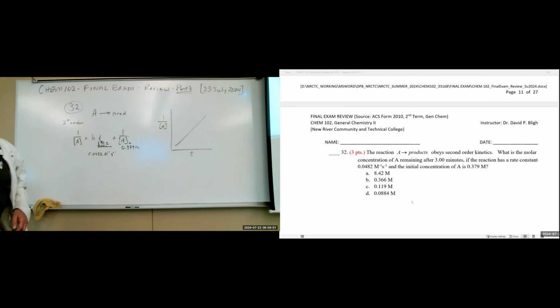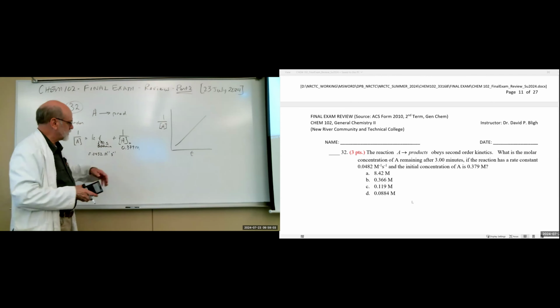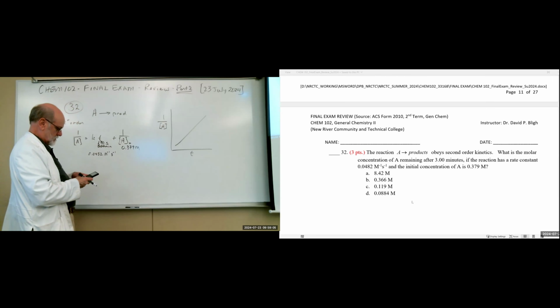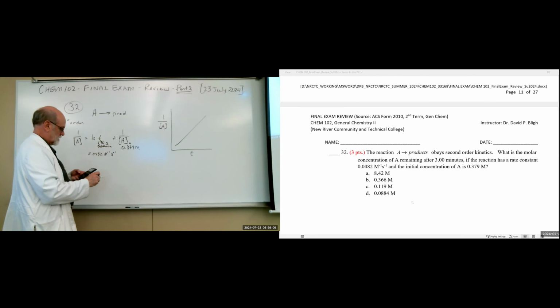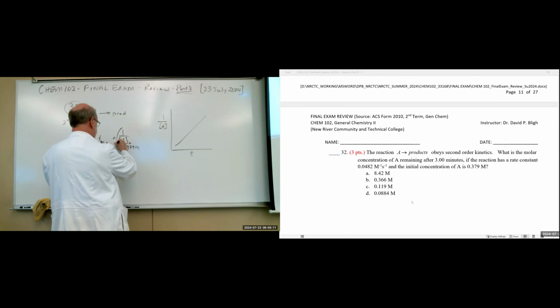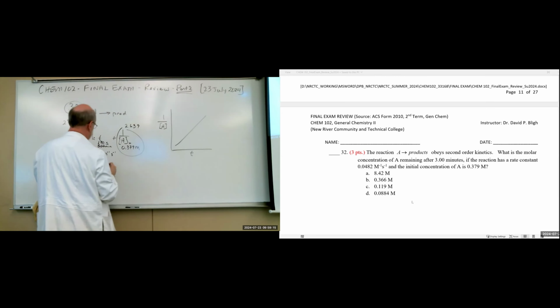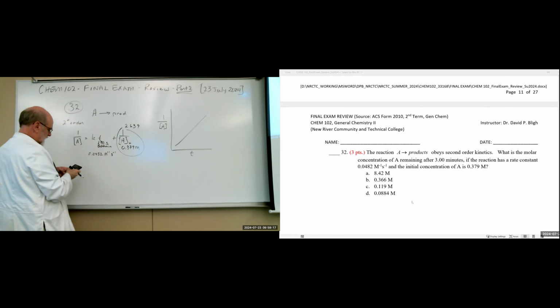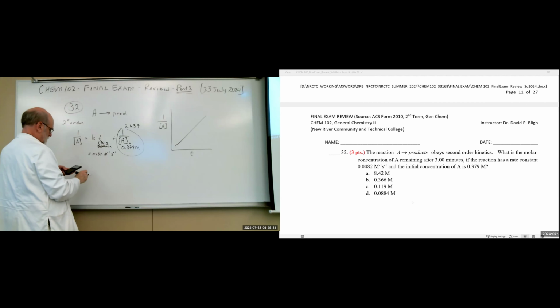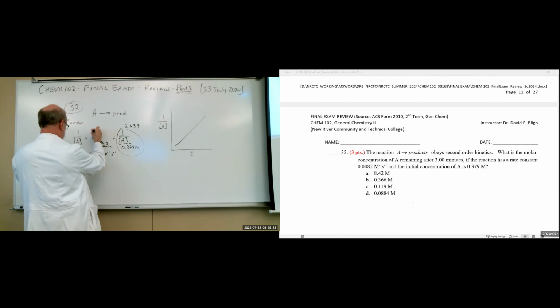So the inverse of 0.379 is 2.639. 180 times 0.0482 is 8.676.